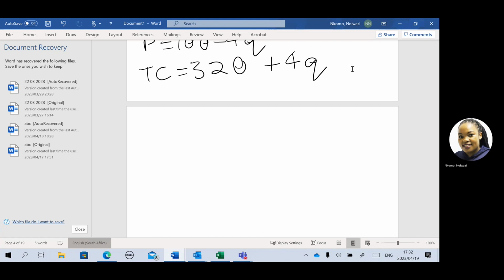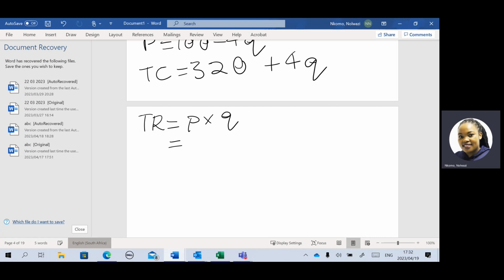We are given the demand function and the total cost, meaning we need to find the total revenue first. Total revenue is P times Q, and we know that our P is 100 minus 4Q, times Q. If you simplify, you'll have 100Q minus 4Q squared.